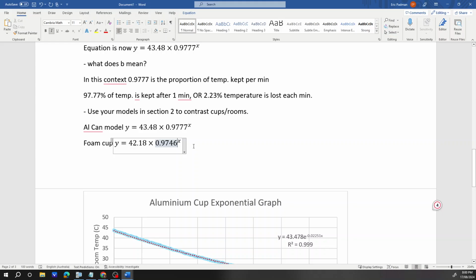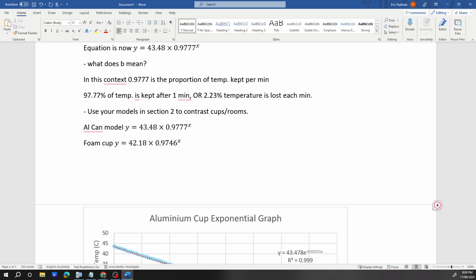Then I can make a contrast and say this, each minute the aluminium can loses 2.23% of its temperature from the previous minute.